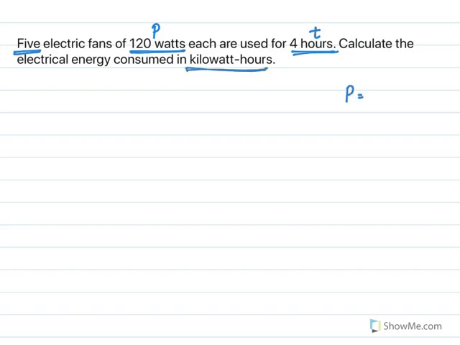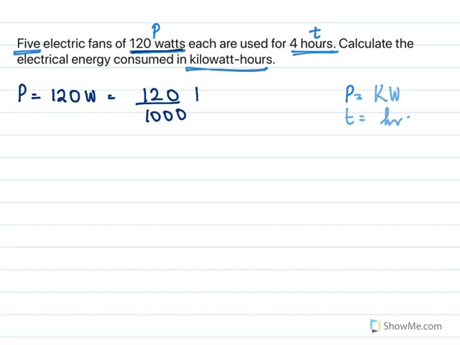Kilowatt hour means again, since it has to be calculated in kilowatts, the power has to be in kilowatt, and the time has to be in hours. So the power here is given 120 watts. I need to make it kilowatt, so 120 over 1000 kilowatt.